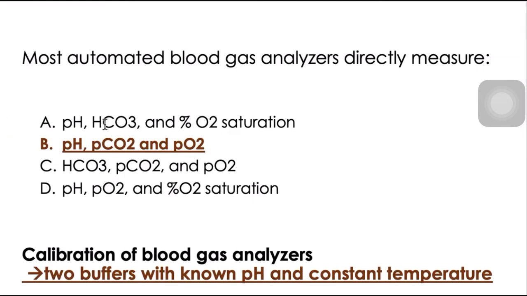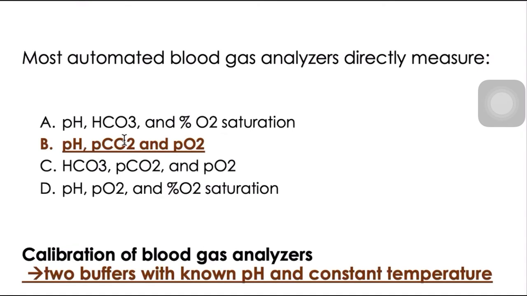Yung bicarbonate po, pwede siyang makompute, diba? If we will go back to Henderson-Hasselbalch equation, total CO2 minus carbonic acid, which is PCO2 times 0.03. O kaya, we can compute in general dun sa Henderson-Hasselbalch equation, kailangan mo lang given na yung pH, no? Ang kailangan mo hanapin naman ngayon is yung bicarbonate. Parang gano'n.